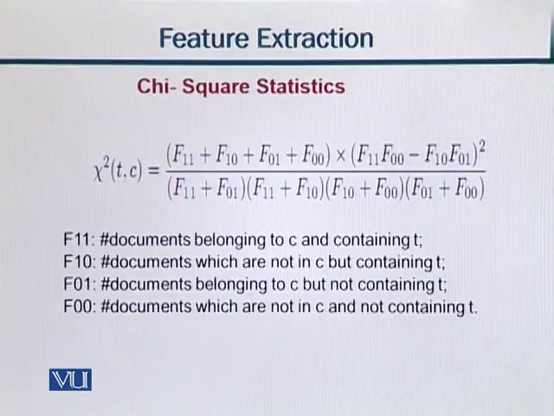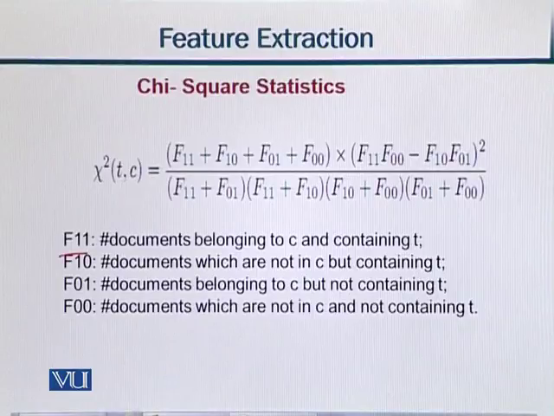We have four different parameters, the first being F11. F11 stands for the number of documents which belong to class C and which contain term T. For example, if we have the word "play", it corresponds to class sports and it contains term T also.